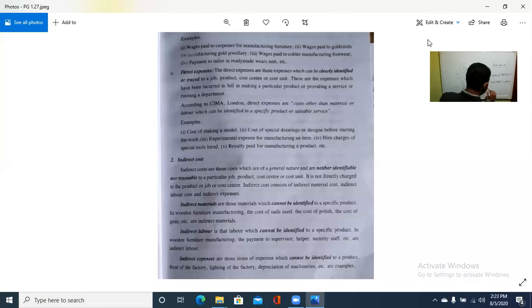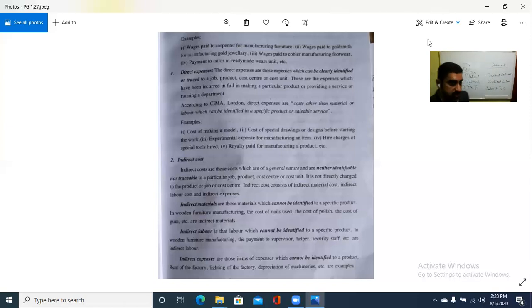Then another one is indirect expenses, those expenses that are not directly traceable. So indirect expenses are those items of expenses which cannot be identified to a product. Examples are lighting, rent of the factory, depreciation of machineries, etc. are examples of which one?